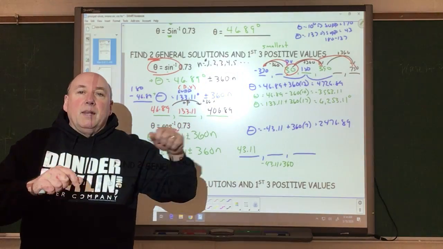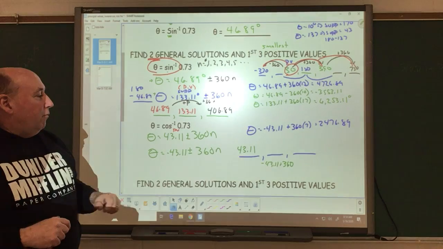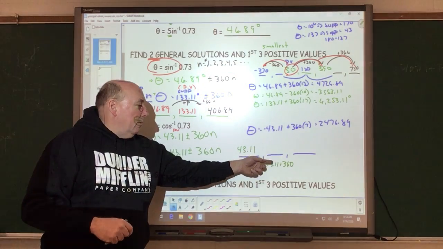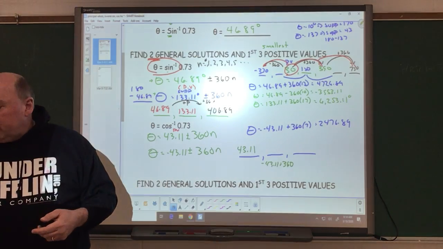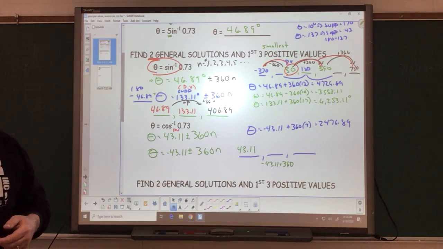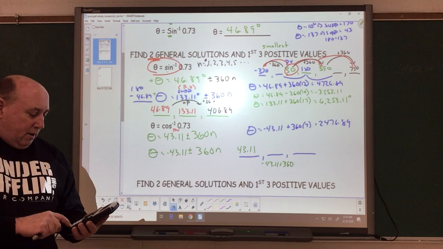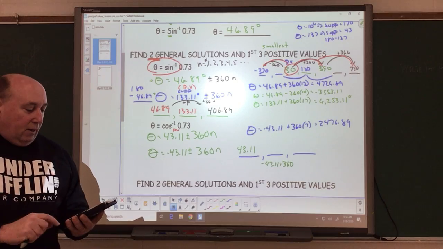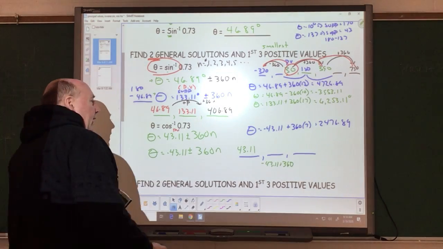Once again, we're playing leapfrog here. Negative 43.11 would be here. I could play leapfrog by adding 360. So if we take negative 43.11, add 360, we get 316.89.